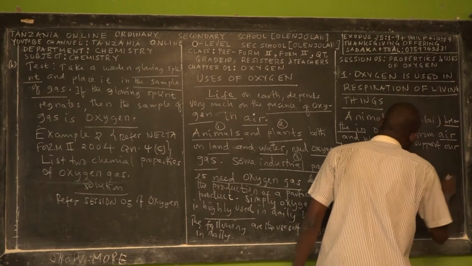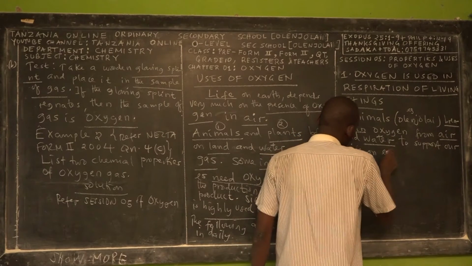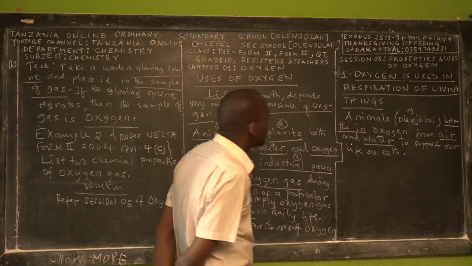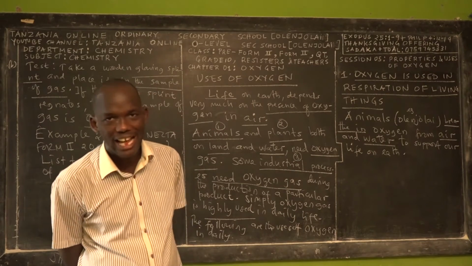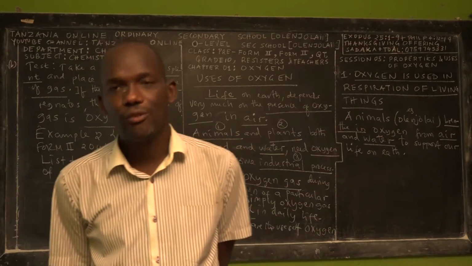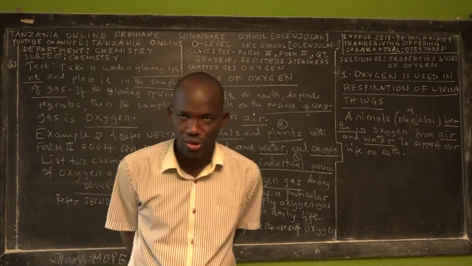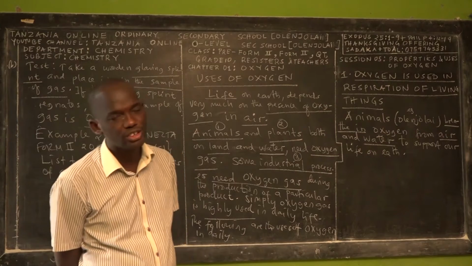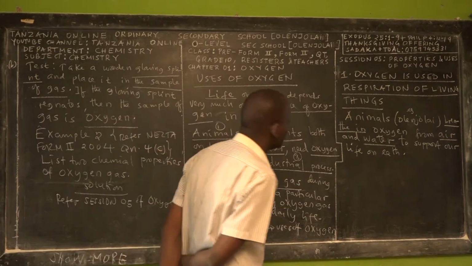To support our life on earth. So that is about animals. Right now I'm breathing in oxygen, you are breathing in oxygen, it means you are taking in oxygen for respiration. Even a cat, a cow, a dog needs oxygen.